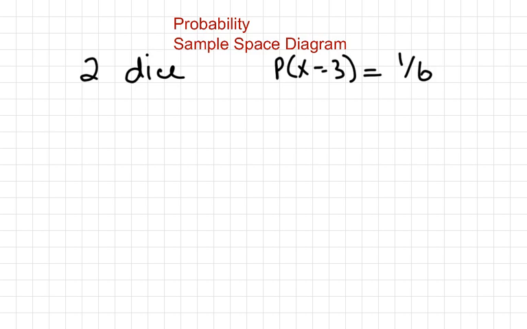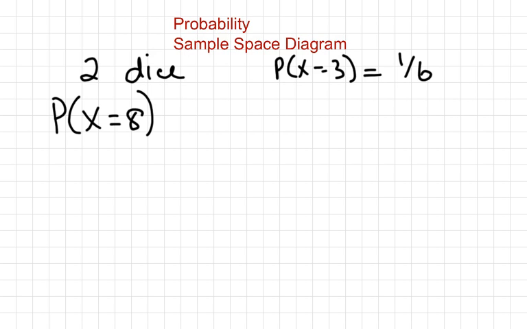But if I'm throwing 2, and let's just say I'm adding up the values shown, what is the probability of getting, let's just say, an 8? Well, when I add the two values up, I will get the number 8. Now you've got to start thinking about how many ways I can get 8.